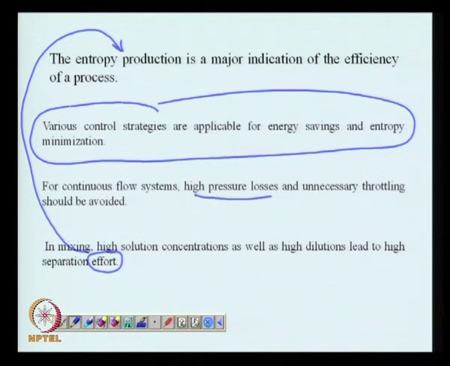So, in microsystems, these are going to be even more important, because as we know, in microsystems the viscous forces will predominate, and energy dissipation is a strong function of the viscous processes taking place at the interface.